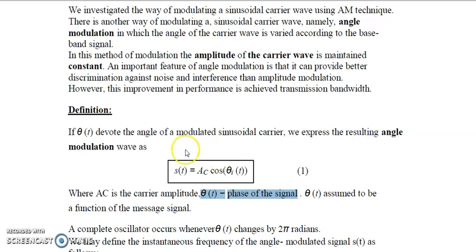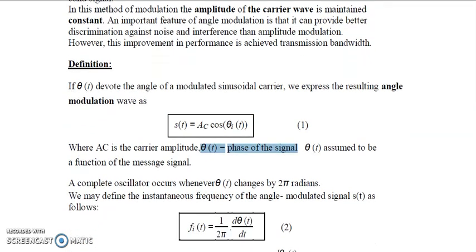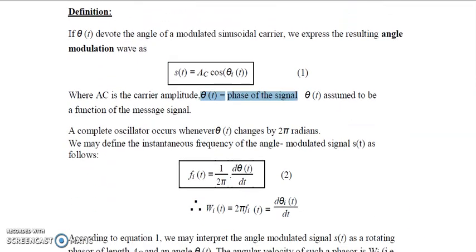You can watch this mathematical equation also. Now, a complete oscillation occurs whenever theta t changes by 2 pi radians. 2 pi radians means 360 degrees. One complete oscillation takes 2 pi radians.